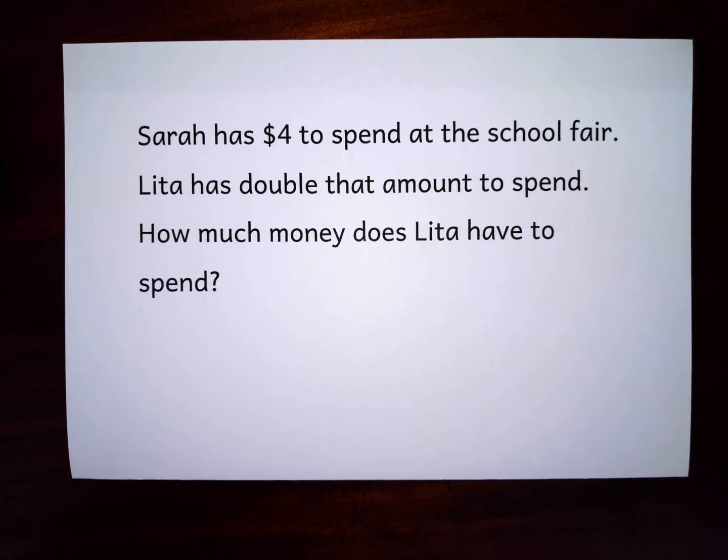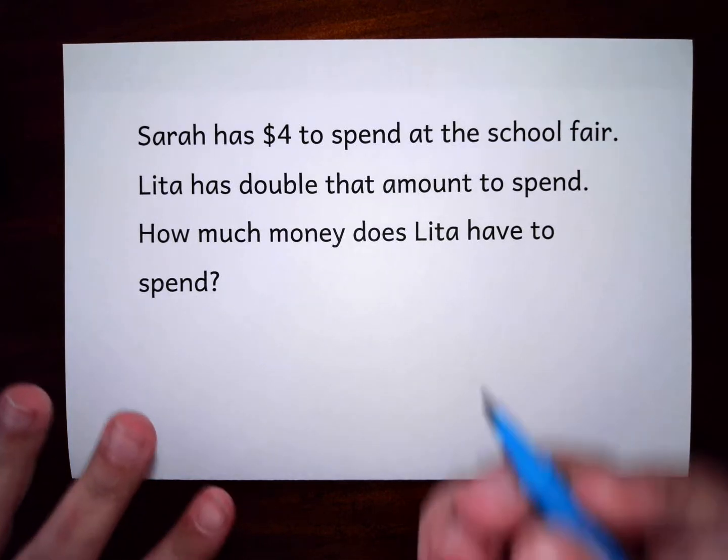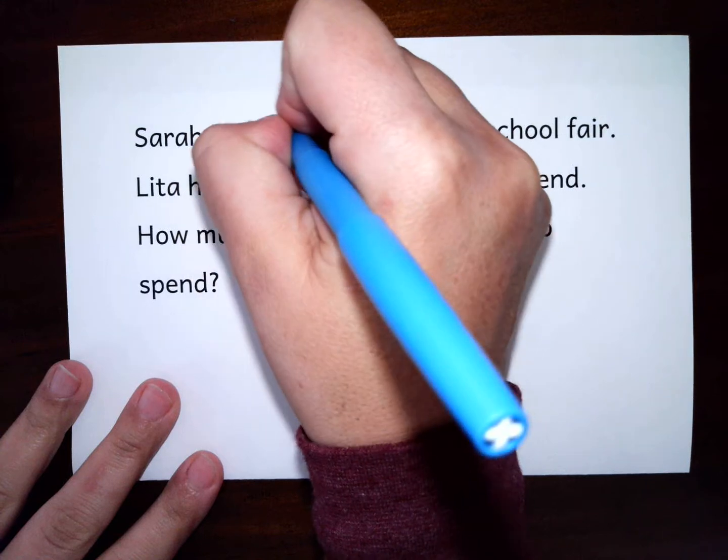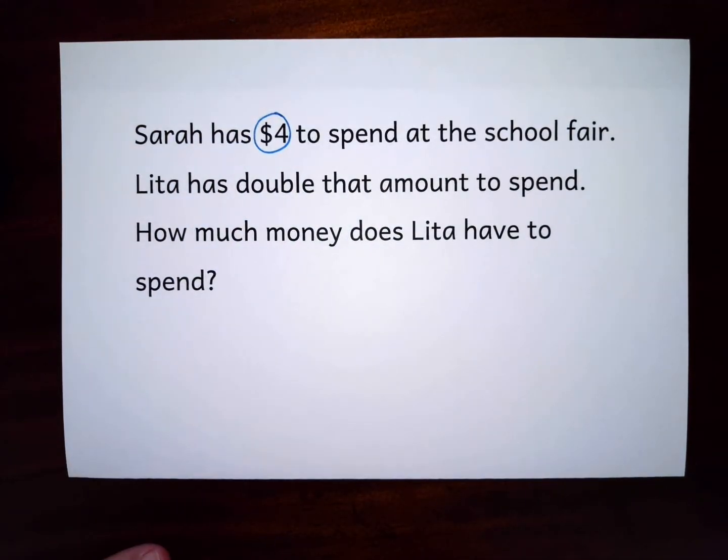All right, so it says Sarah has $4 to spend at the fair. Lita has double that amount to spend. How much money does Lita have? So I know that Sarah has $4, but that's the only number I see.